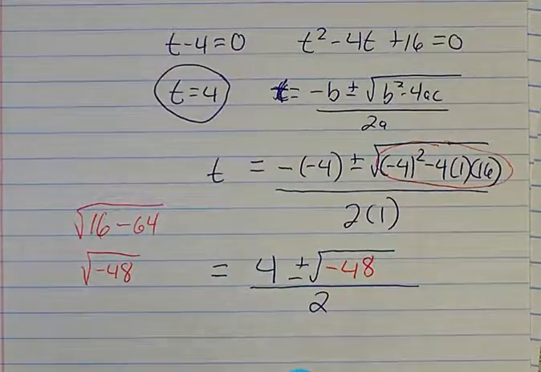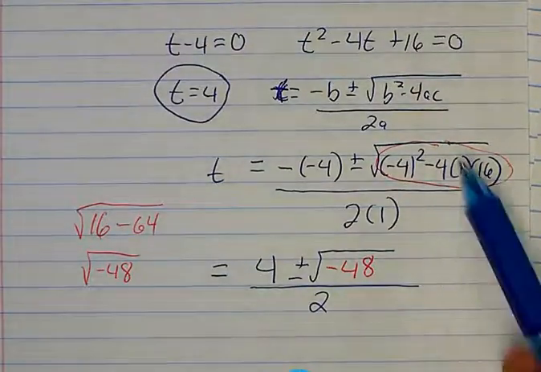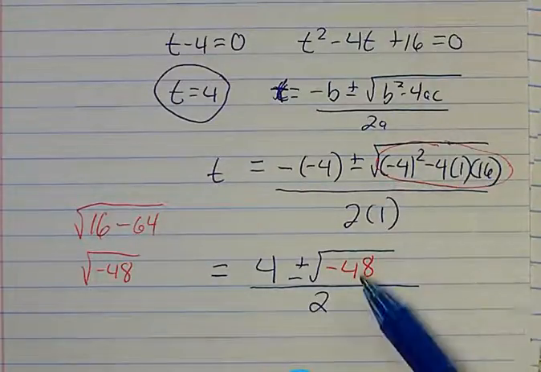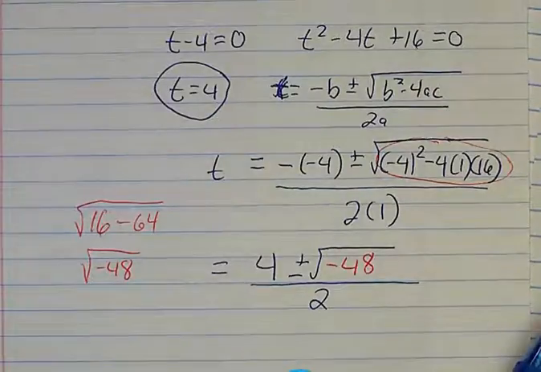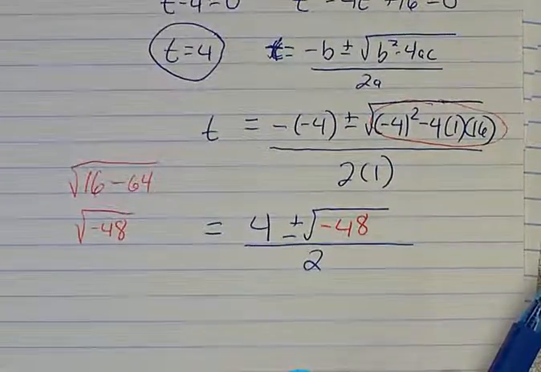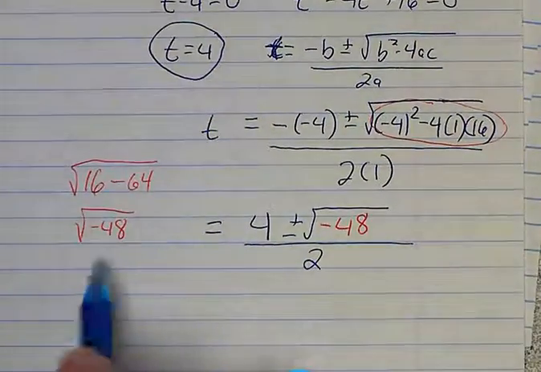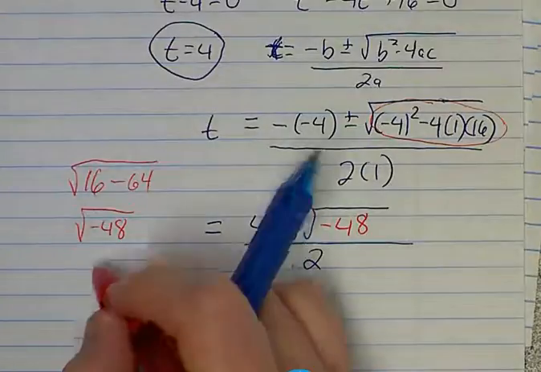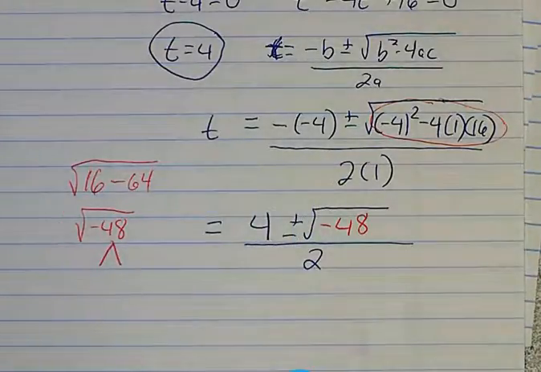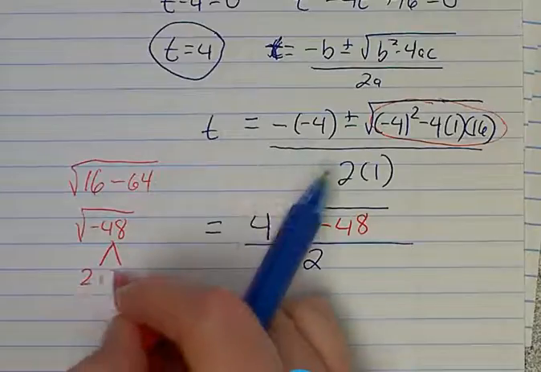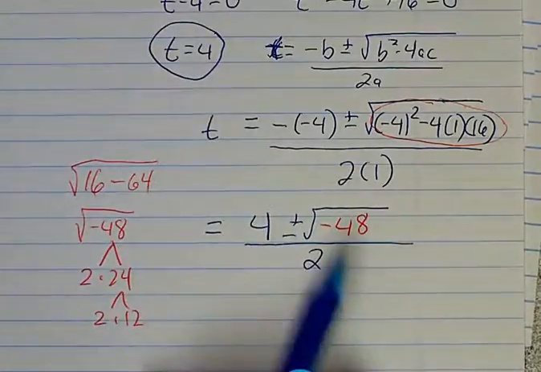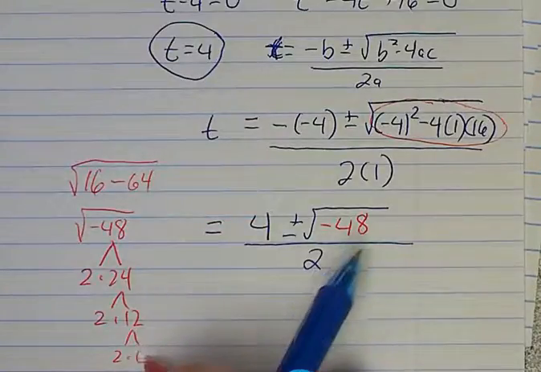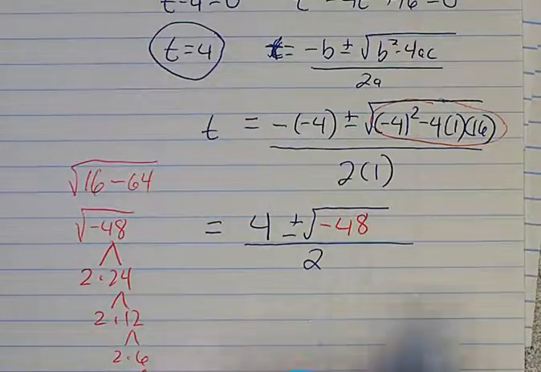Okay, so if we work everything on the inside, that's called the discriminant. If we work the discriminant down, we get negative 48. And we're not going to have any real number answers, but we are going to have some imaginary answers because of that negative 48. If we did negative 48 and broke it down, we could do 2 times 24, which would be 2 times 12, which would be 2 times 6, which would be 2 times 3.